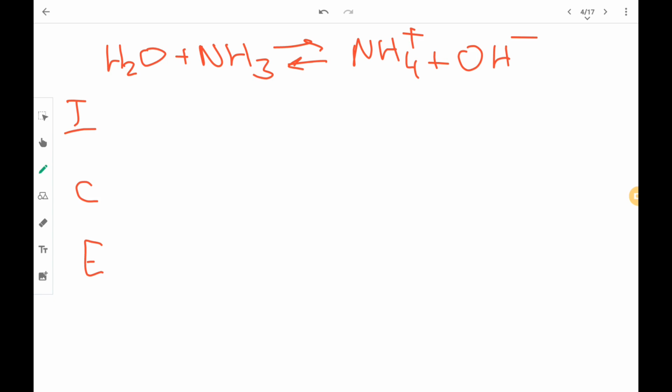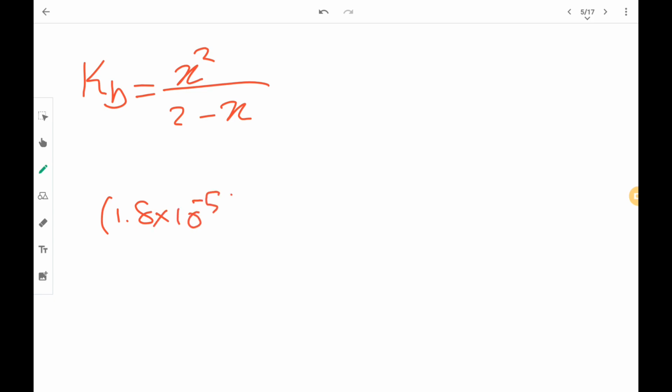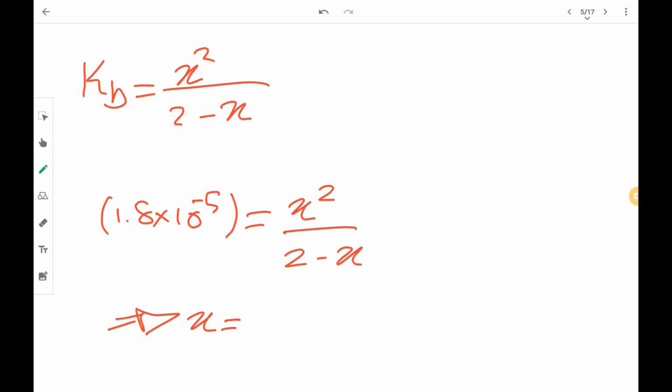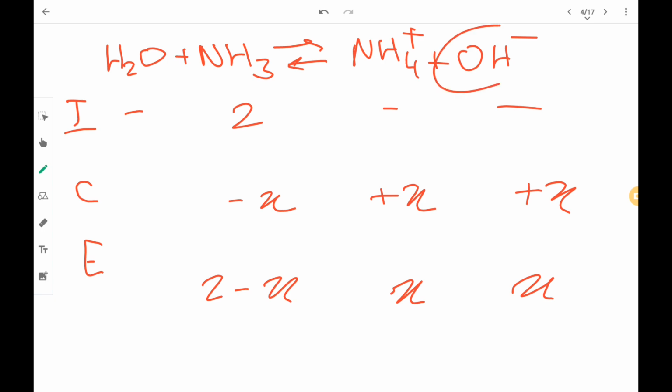The initial concentration of NH3 is 2, then minus X, plus X, plus X, and then 2 minus X, and then Kb is X squared over 2 minus X. Kb given to be 1.8 times 10 to the minus 5 is equal to X squared over 2 minus X. You will get X to be 6 times 10 to the minus 3. And as we know from here, that's the concentration of OH minus.